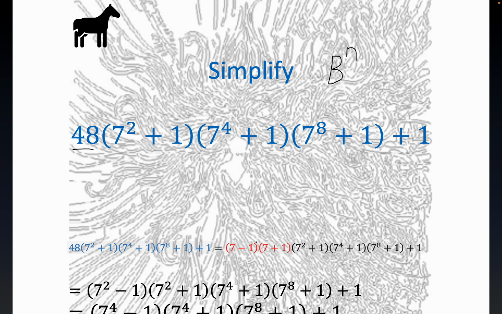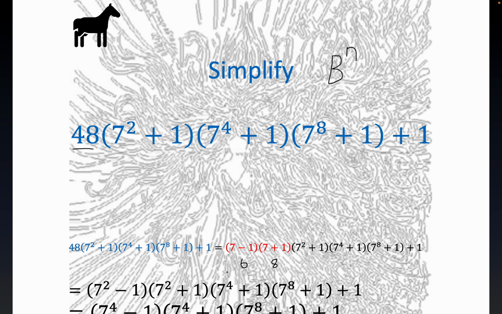And the cool thing is right here, 7 minus 1 is the same thing as 6 times 8, right? 6 right here, 8 right here. And that, of course, is equal to this mysterious constant. And all of a sudden, we see the light. See, this is in the form a minus b times a plus b, right? A minus b times a plus b.